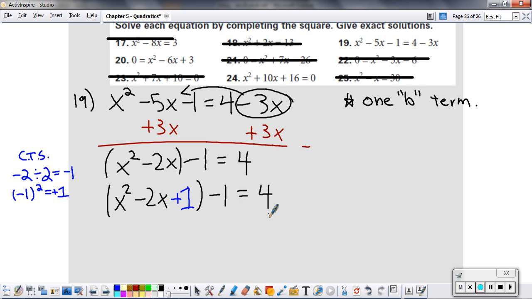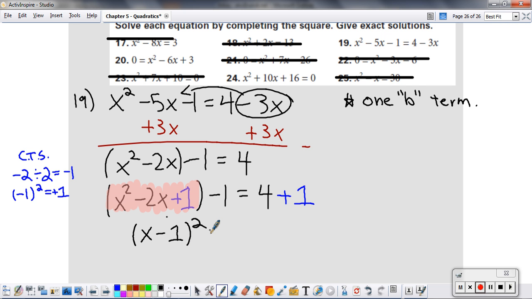The other part that you have to make sure of is if I add 1 inside the parentheses on the left, because this is an equation, I have to add 1 to the number on the right. Now let's rewrite what I'm highlighting in pink right now as a binomial squared. So x squared minus 2x plus 1 can be rewritten as x minus 1 squared.